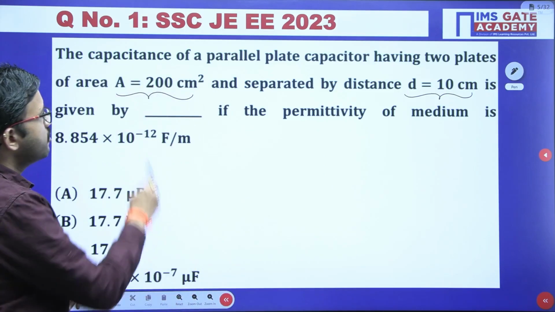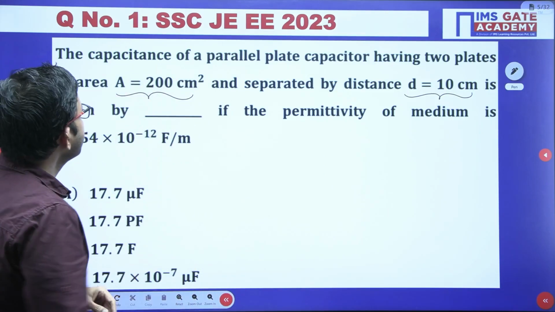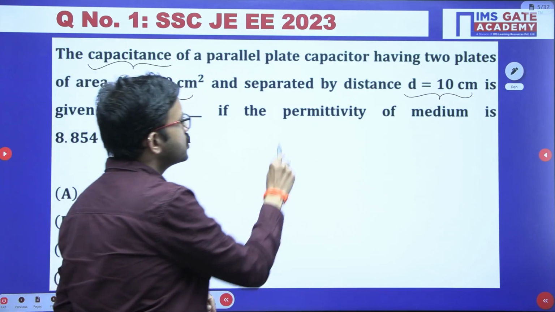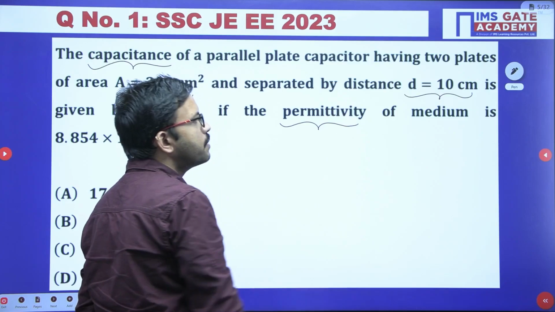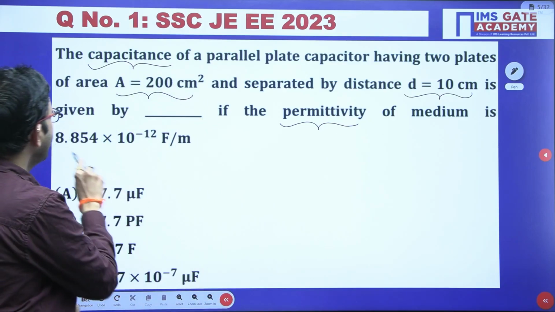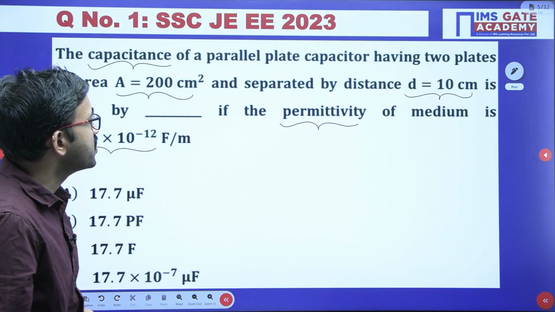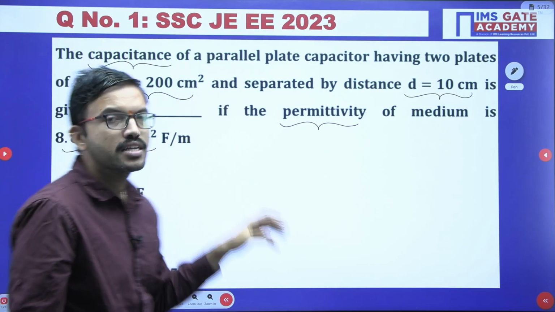So we have to calculate the capacitance value. They have also given one more data, the permittivity of the medium, that is 8.854 into 10 power minus 12 farad per meter. By using this data we have to calculate the capacitance.